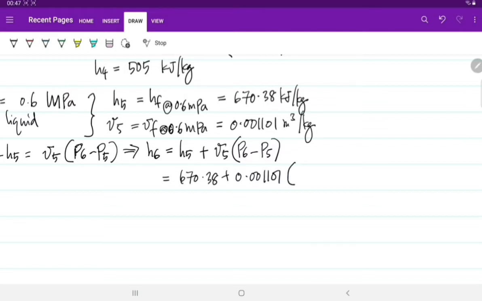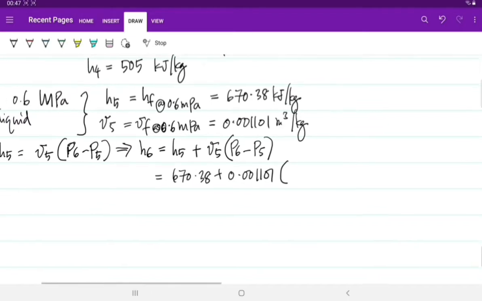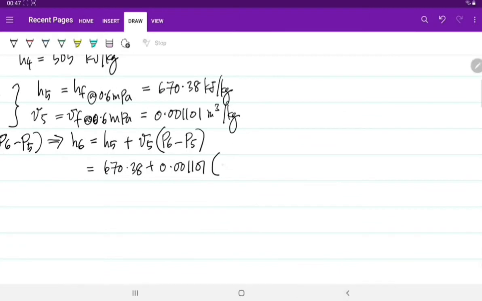P6 is the highest pressure, 10 megapascal, so that would be 10,000 kilopascal minus 0.6 megapascal, which is 600.